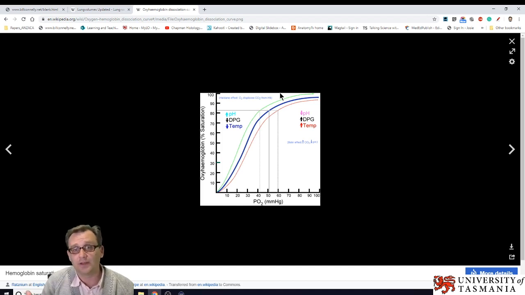You don't want them releasing their oxygen straight after coming out of the lungs. There's plenty of oxygen in the bloodstream already, plenty of oxygen floating around. So what do we actually want? We want the oxygen to be released from the hemoglobin as it gets to tissues that have lower and lower levels of oxygen around them.